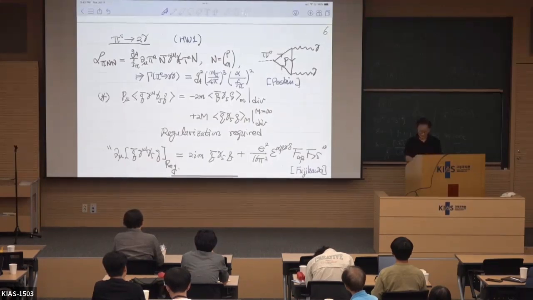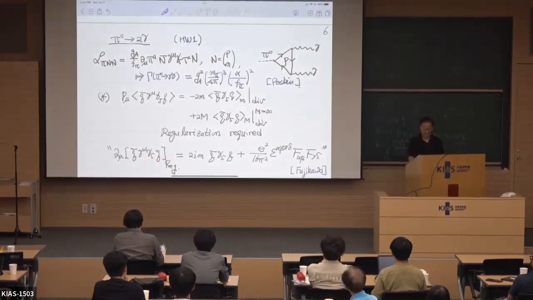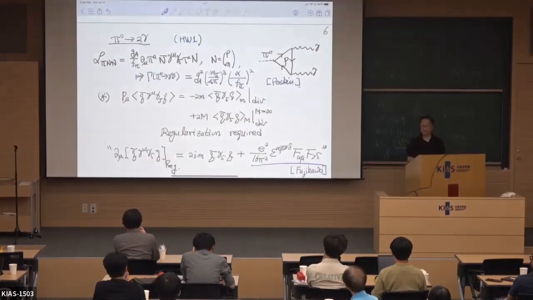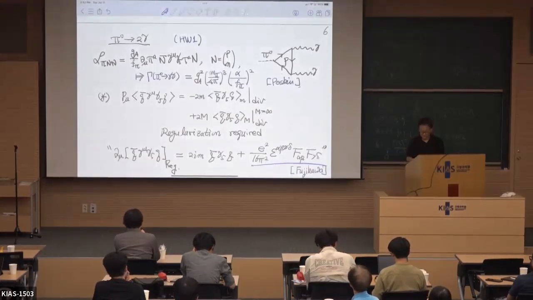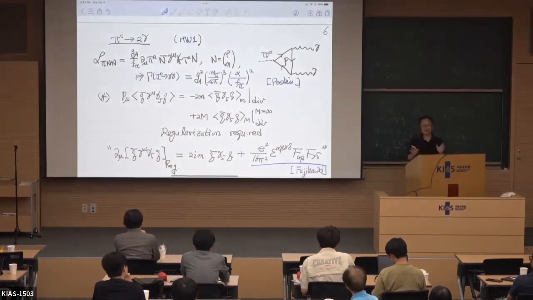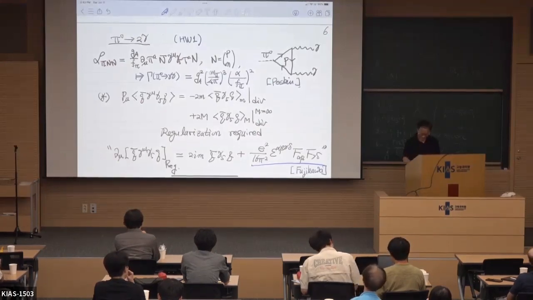At the end of the day, after taking some regularization properly, you get this non-trivial contribution, which is called the anomaly term. Deriving this equation is a homework. I'm talking about only the easy part; the difficult part you should do yourself, or at least look at it to understand how the story goes.